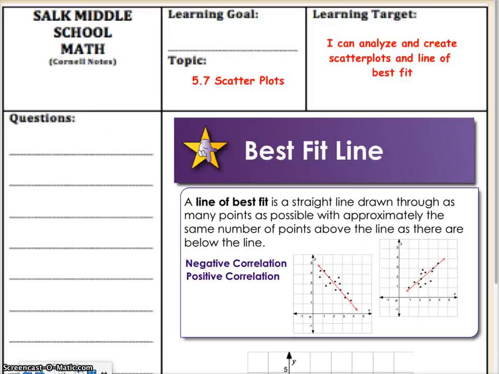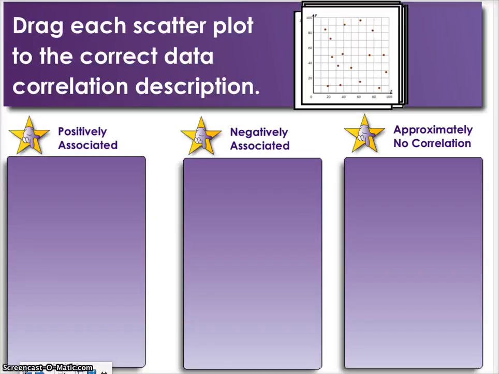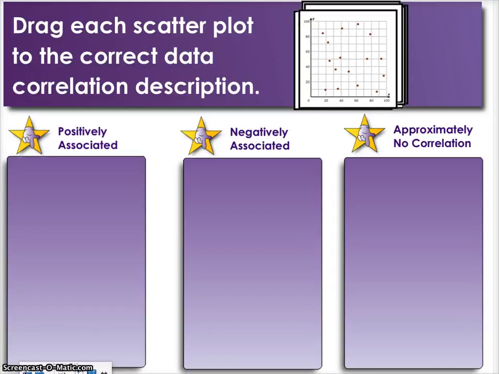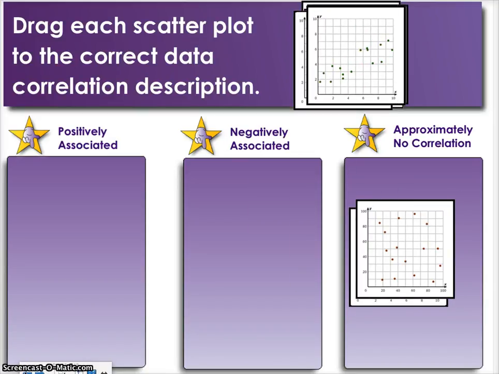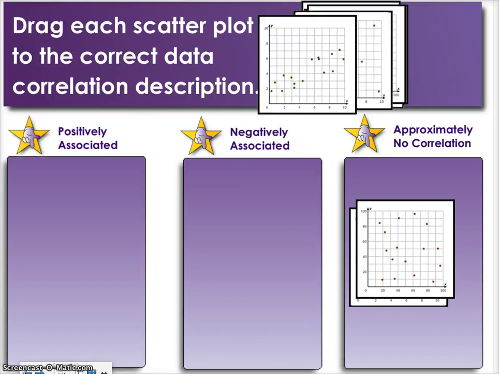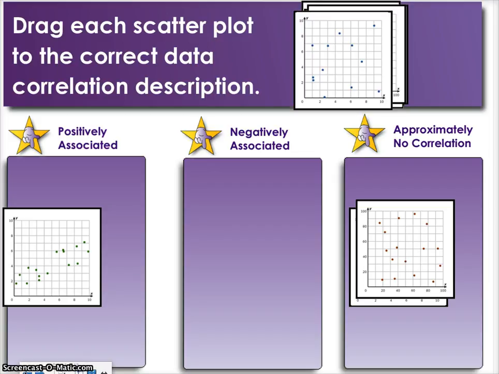Okay, next. I want you to tell me, no, this isn't in your notes, I just want you to tell me if it's positive correlation, negative, or none. What's this one? None. Okay. What's this one? None. This one? Positive. You can see the line. Good. What's that one?